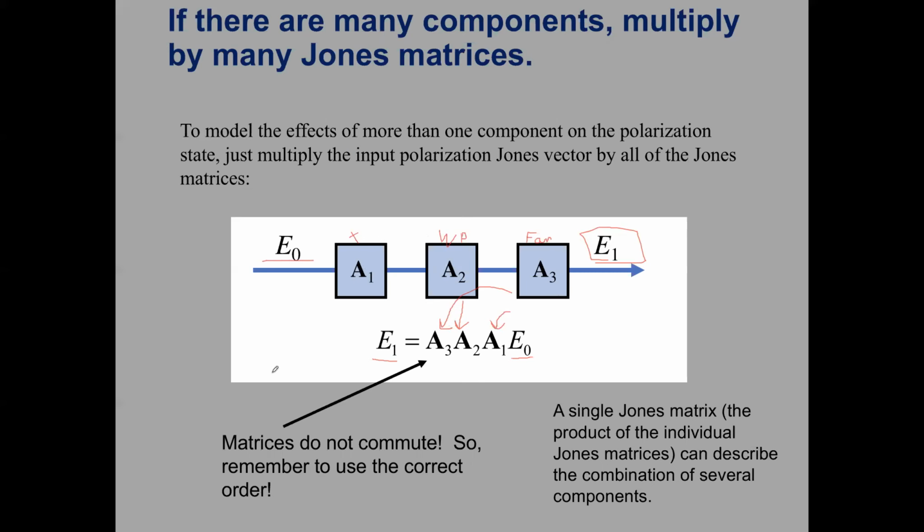If you're building a whole polarization sensitive experiment with lots of devices, theoretically anyway, you can determine the overall effect on the polarization of your laser beam or your light source by figuring out what the matrix for each of your devices is and working out all the matrix arithmetic.